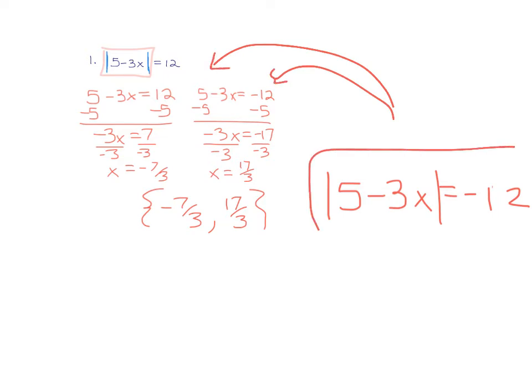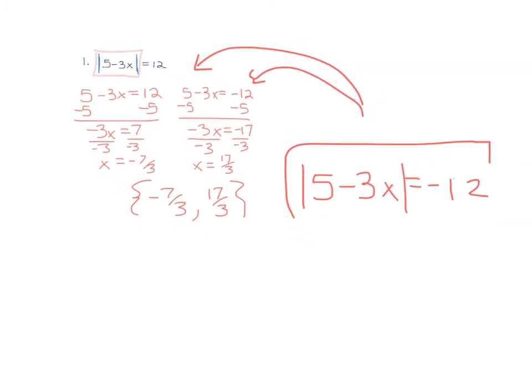But this one does. Can I ever get a negative number out of an absolute value? Okay, so whenever you get a problem like this, your answer is going to be no solution. Because it's not going to matter what x is, I will never get this thing to equal negative 12.